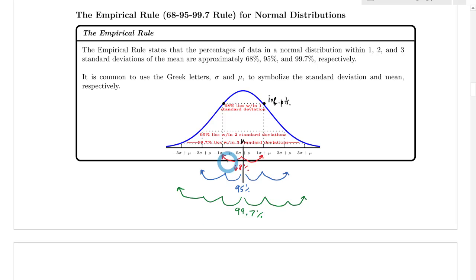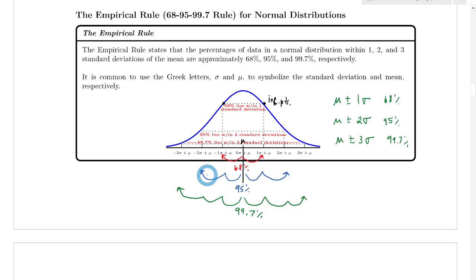So all we have to do is just take our mean and add and subtract 1 standard deviation, take our mean, add and subtract 1 more, just go in order, and then do another one, 3. And this is just going to tell you 68% of your data lies between these values, 95% lies between these two values, and 99.7.